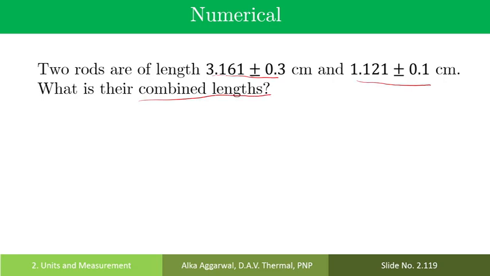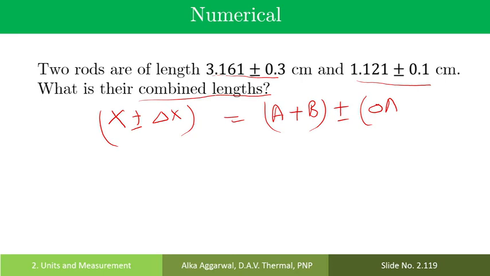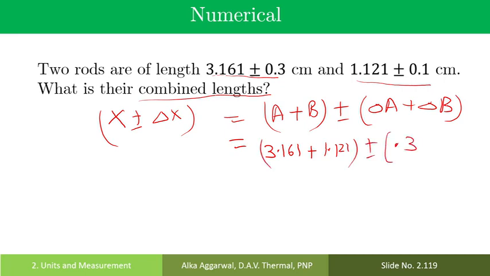It means we are going to add the two quantities and the result is written in this way, which is equal to A plus B plus minus delta A plus delta B. Here A is 3.161, B is 1.121, delta A is 0.3 and delta B is 0.1.